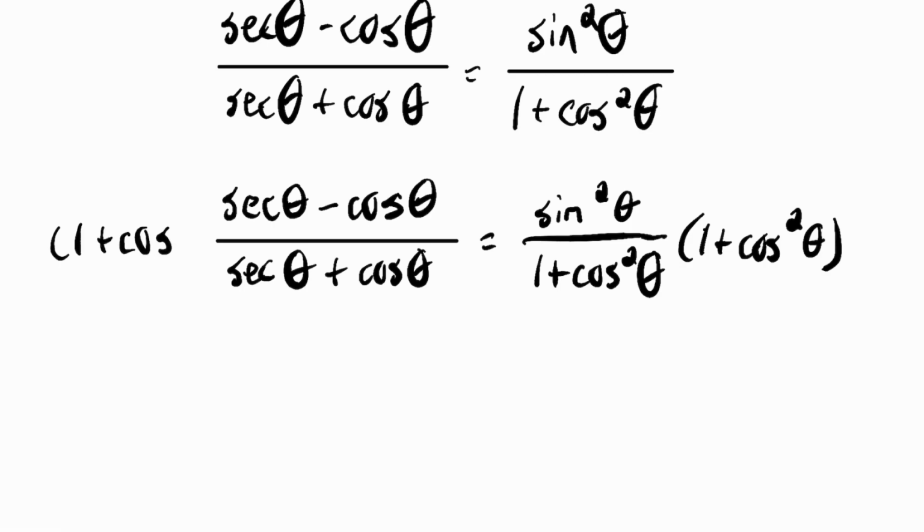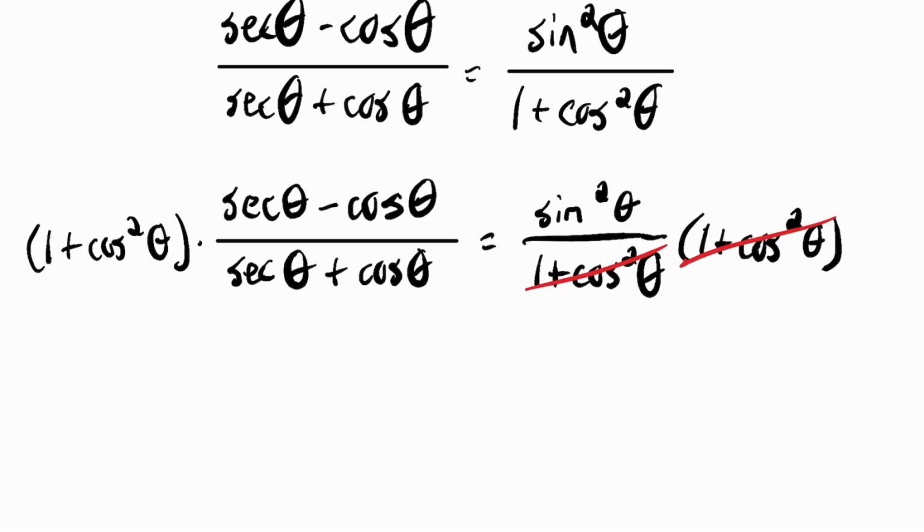Kind of running out of room there. 1 plus cosine theta. Okay, so on the right, that's going to allow me to just cancel those out, which is the reason I'm doing this.